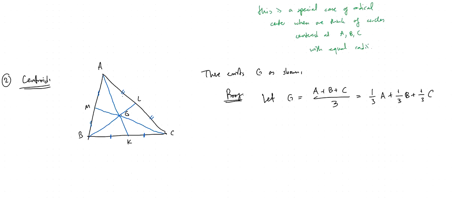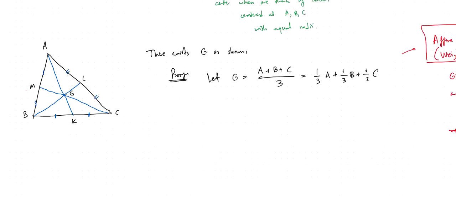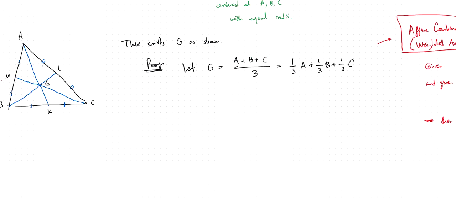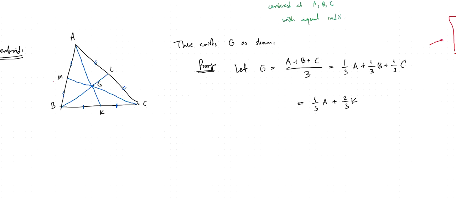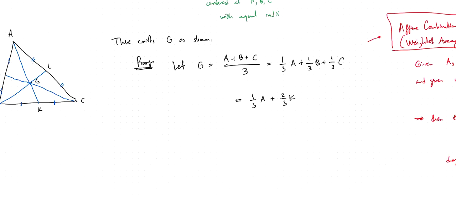Yeah, it's m. So therefore, now defining this point G, wherever the point happens to be, I can write this equality as 1/3 a plus 2/3 k, because k is (b + c)/2, right? So b plus c is 2k.